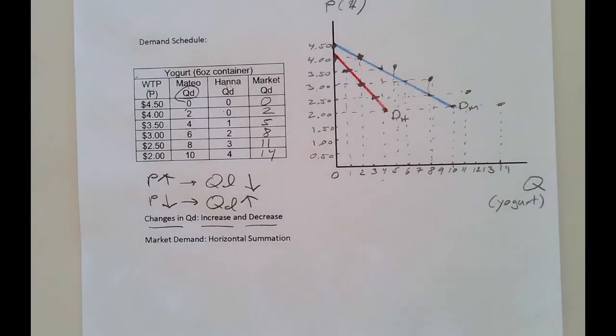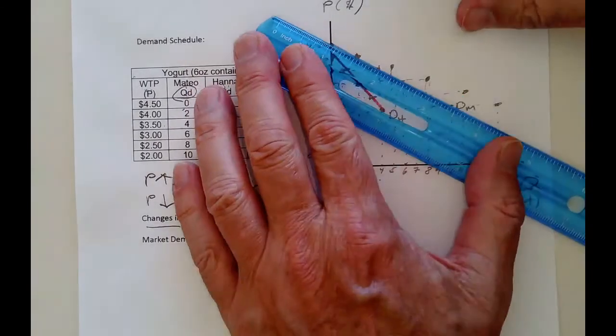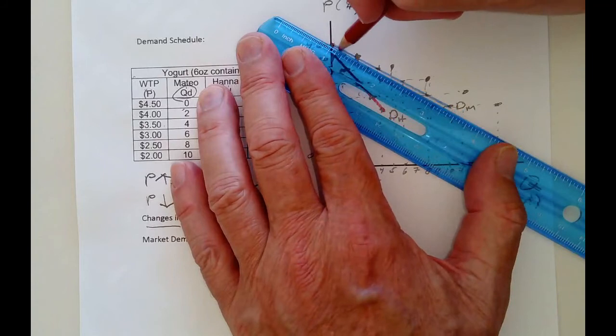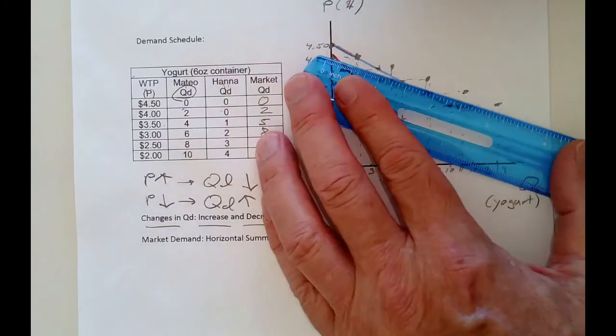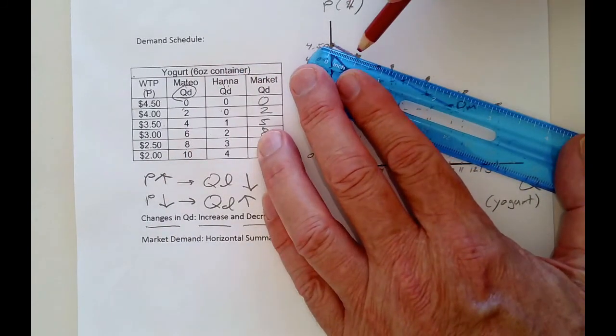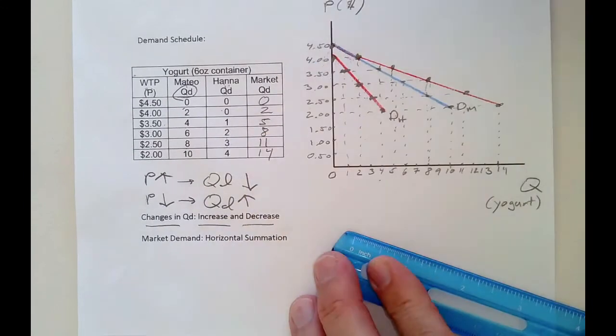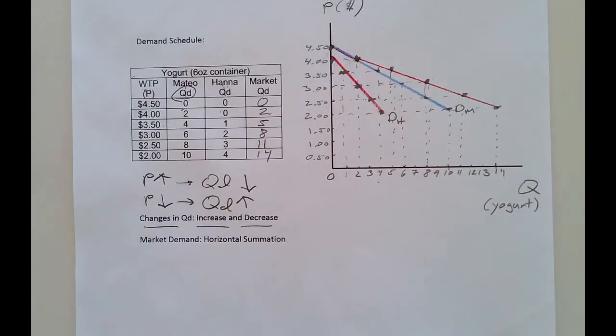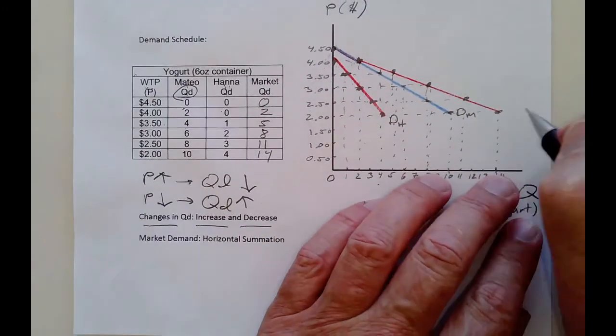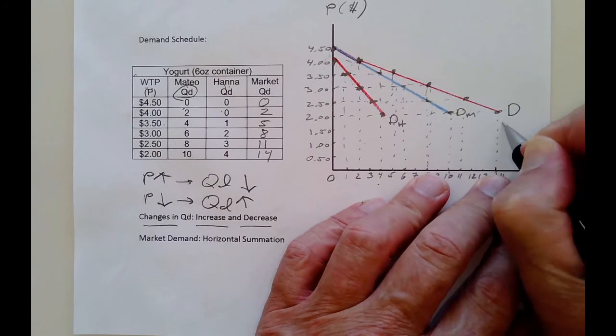So the market demand will be here, and then it'll pivot out to here. And this will be the market demand. And I'll write out market because I use M for Mateo.